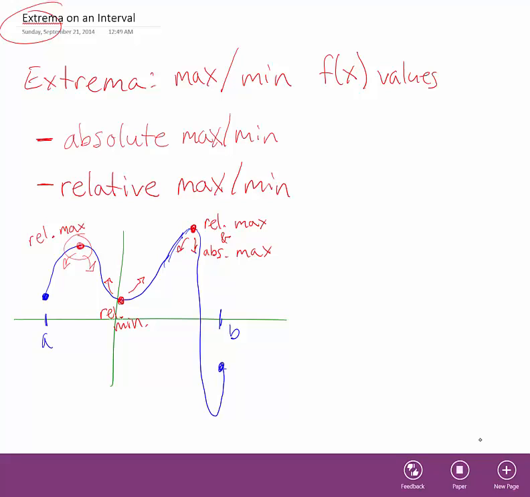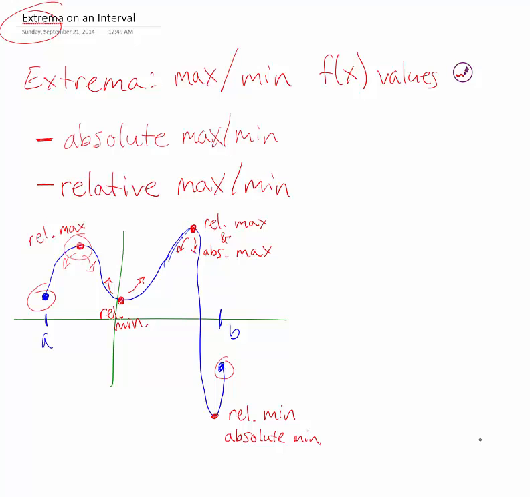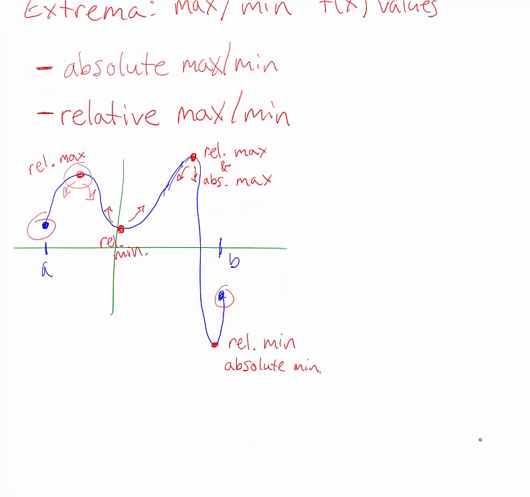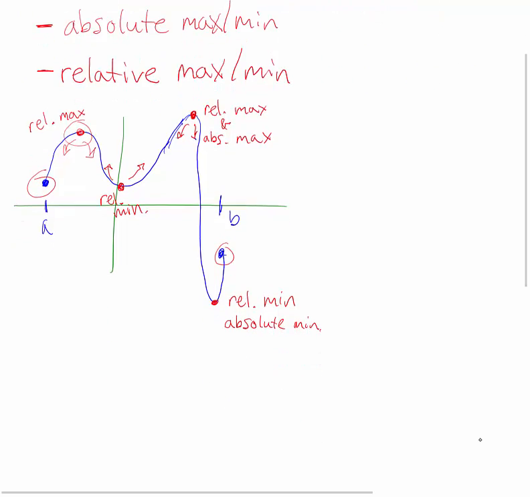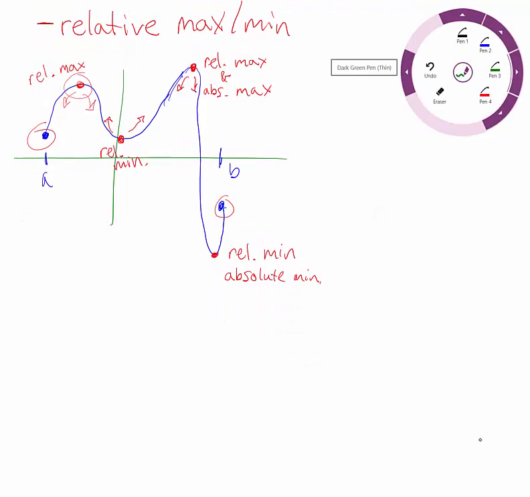And then down here, this would be a relative minimum, but it's also our absolute minimum. Now, the two endpoints of the graph are not allowed to be relative maximums because there's nothing on the other side of them. That said, they are allowed to be absolute maximums.